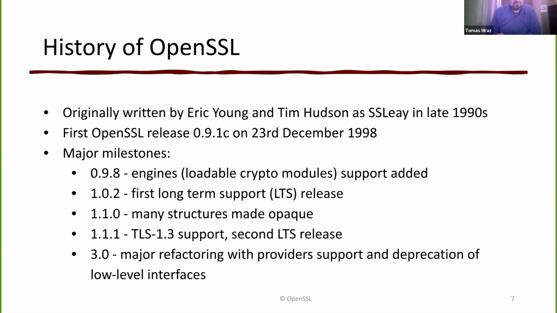The origin of the source code base is SSLeay, but the first release that was named OpenSSL was done on 23rd December 1998, and the version was 0.9.1c. That was kind of the start of this project.